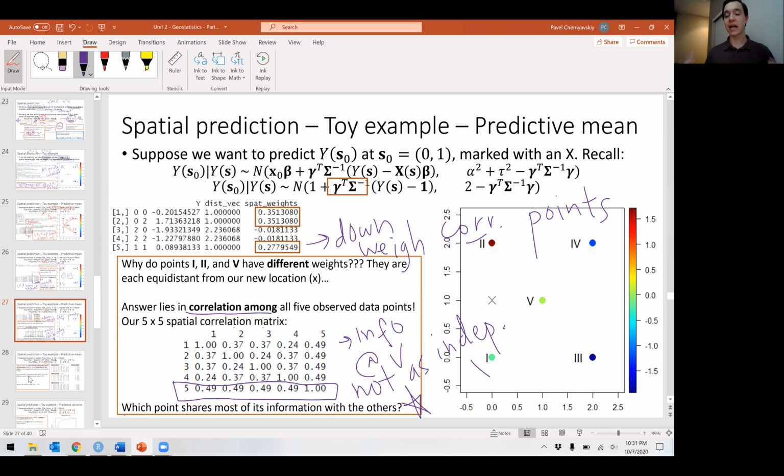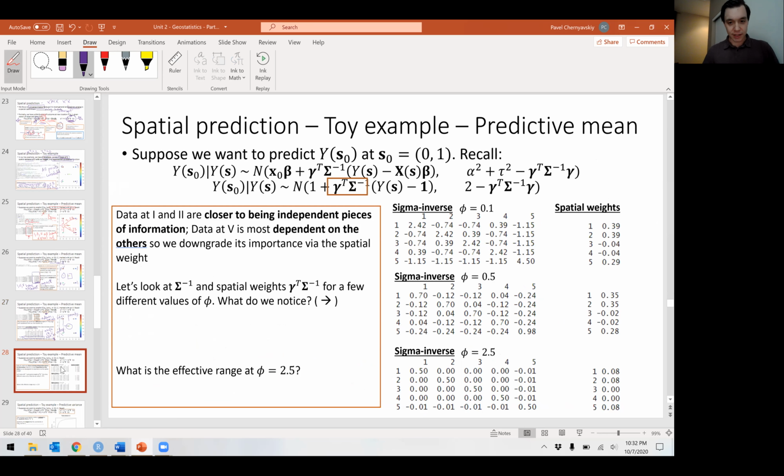Information at 1 and 2 constitutes more so independent pieces of information that can contribute to making our prediction. Information at 5, because of the fact that 5 shares almost half of the information with all of the other points, thus gets downweighted and contributes a little bit less, although the distances are identical. So all of that is the contribution of multiplying by our sigma inverse.